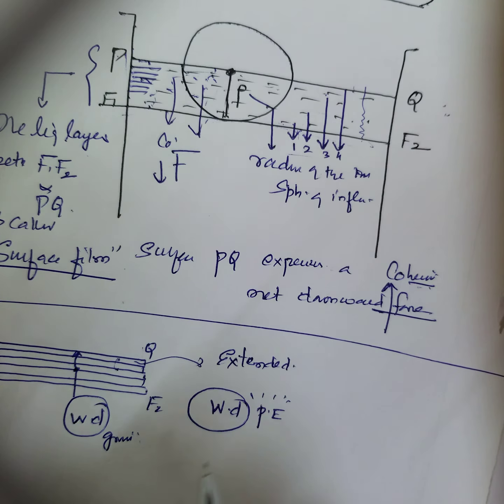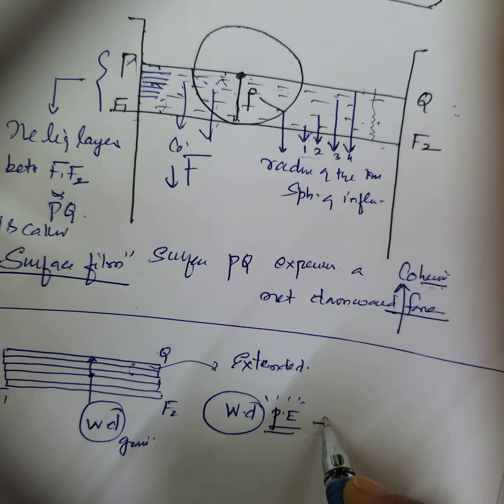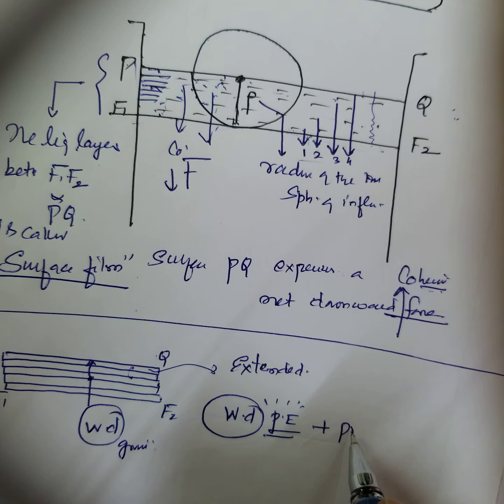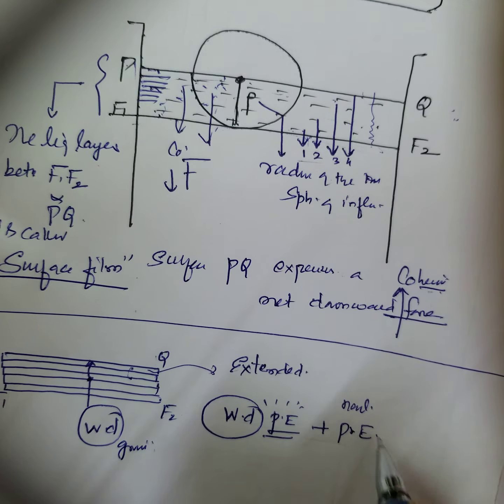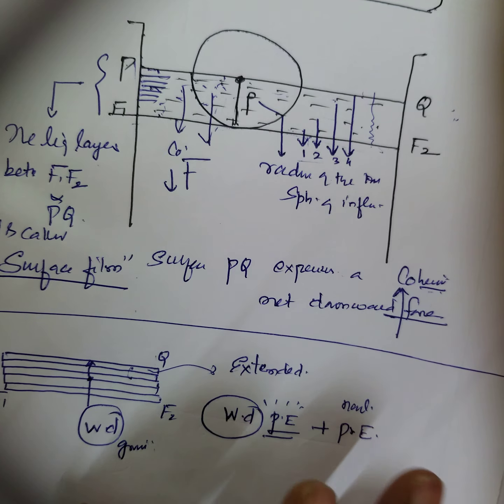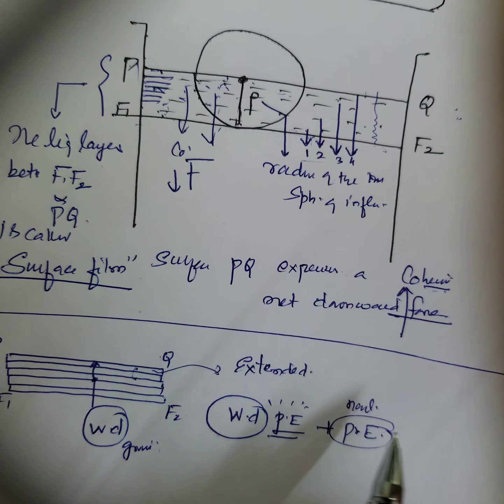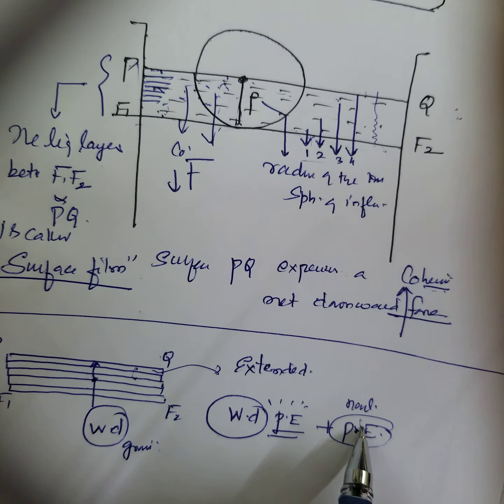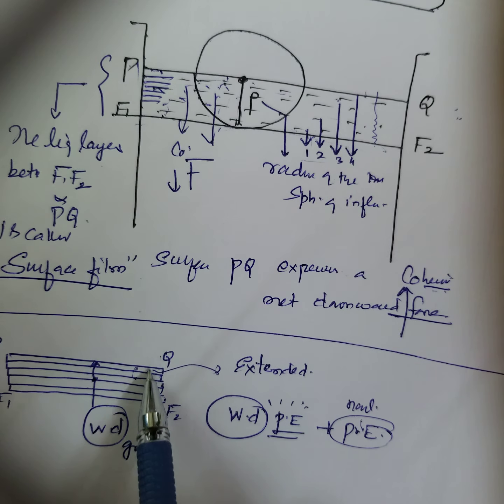This energy is additional to the normal gravitational potential energy. Therefore, the molecule of the surface has more potential energy than that of the interior.